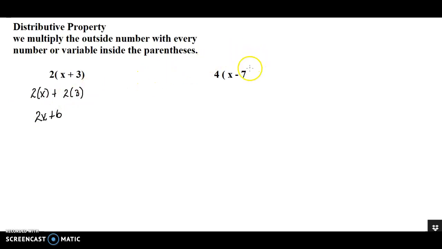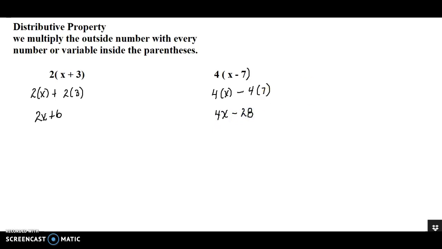So in our problem here, it's missing a parentheses, so I put it in. It's telling me to take the 4 and multiply it times the x, and now take the 4 and multiply it times the 7. And when I do that, I get 4x minus 28.